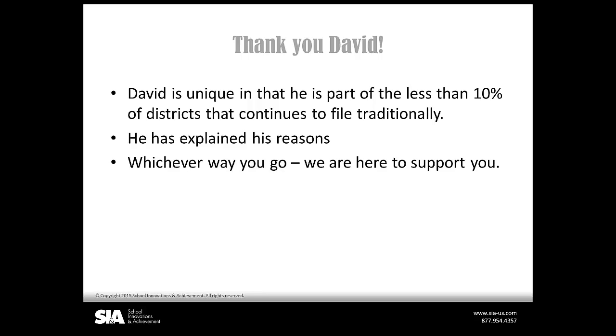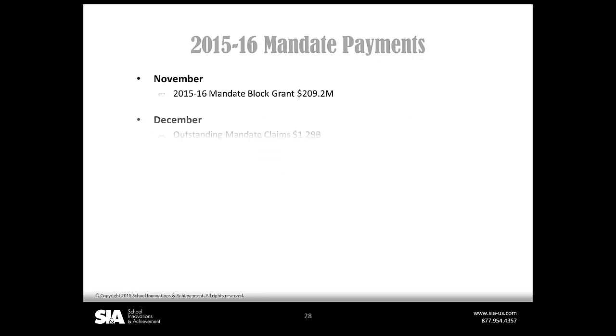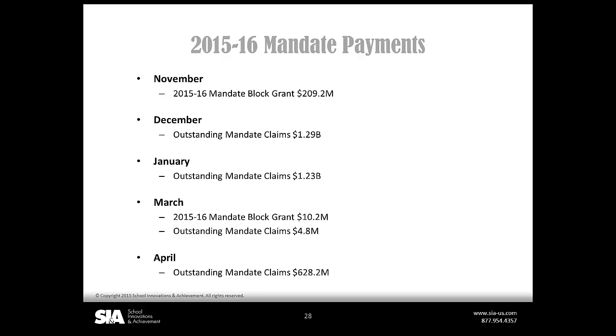Now, you've heard about how David stays on top of mandates in his district. Whether you take the block grant or file mandates traditionally, it's really important to have a similar plan to train your staff and have processes in place to carry out the mandate requirements. Let's take a look at the 2015-16 mandate payments. The great news is that you have a significant amount of money coming your way for the cost of mandates.